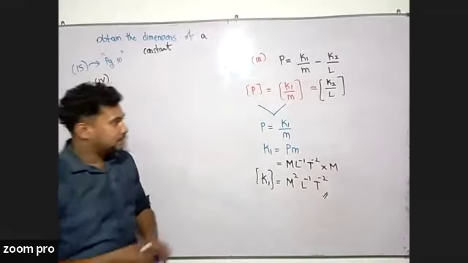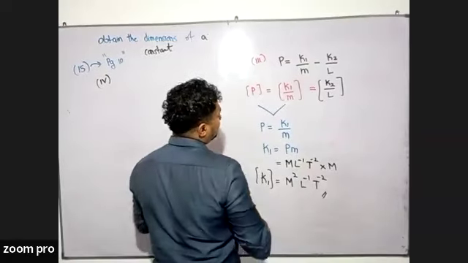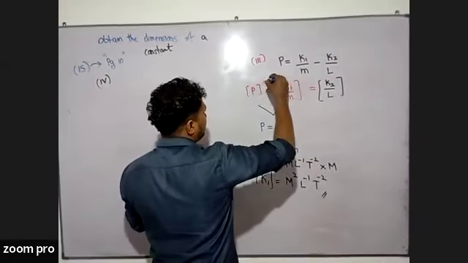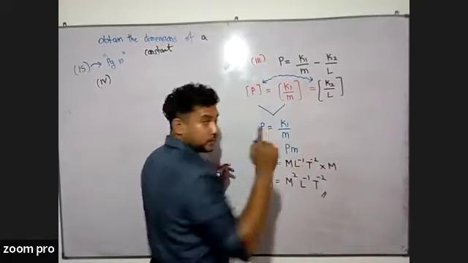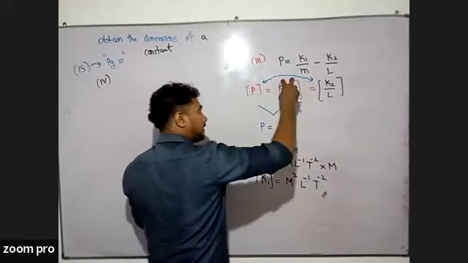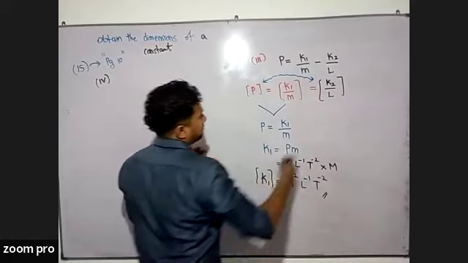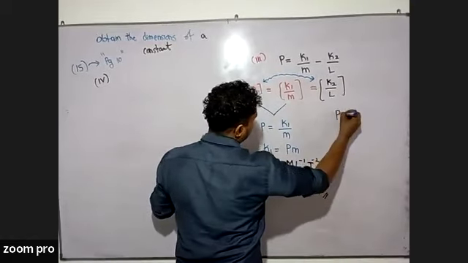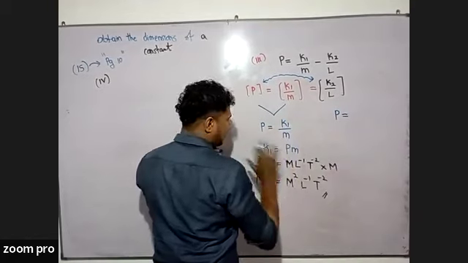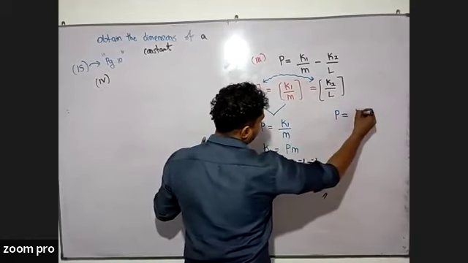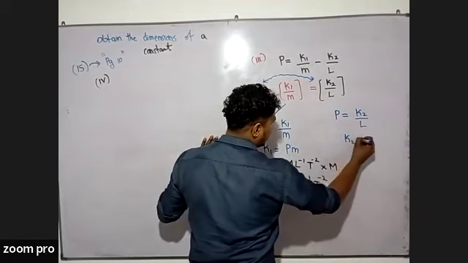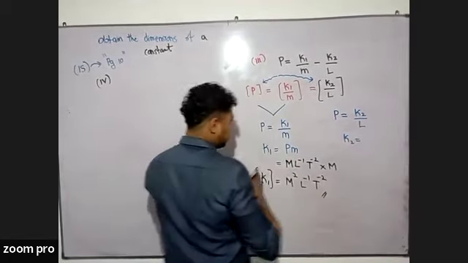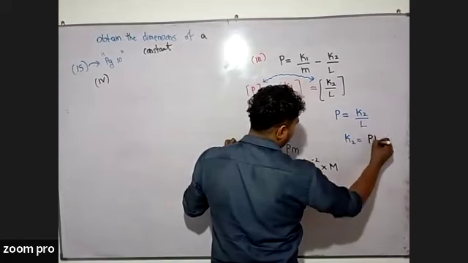So in order to obtain the dimensions of K2, I'm using this one and these two. But you can also equalize these two expressions too, right? It's up to you. If the equation is correct, then the dimensions of P should be equal to the dimensions of K2 over L. Then if I make K2 the subject, it is equal to PL, right?